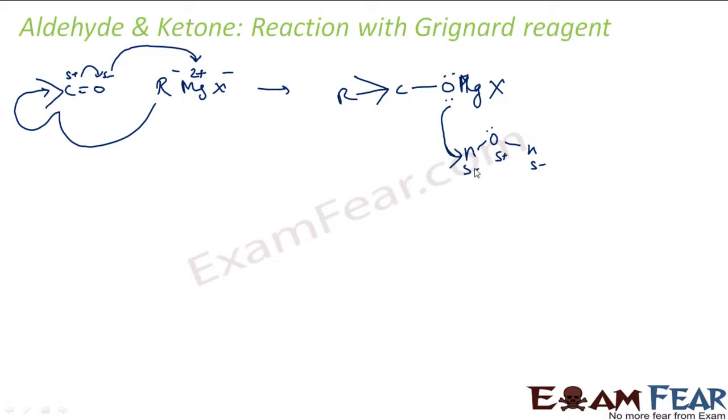Actually, I made a mistake. This is slightly positive, this is slightly negative. Correct. So with this, the O and MgX bond will break.